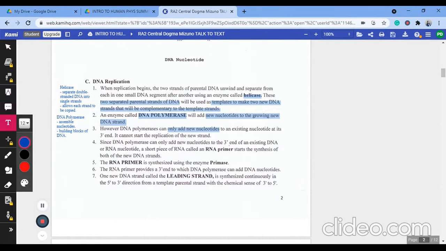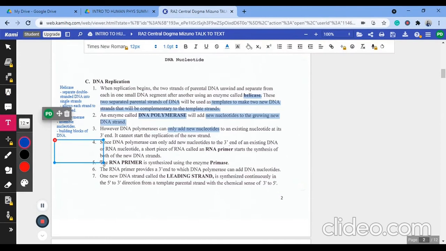Okay, so basically it means that DNA polymerase cannot start from scratch by adding nucleotides to a free single stranded DNA template. I think I should just put it here.